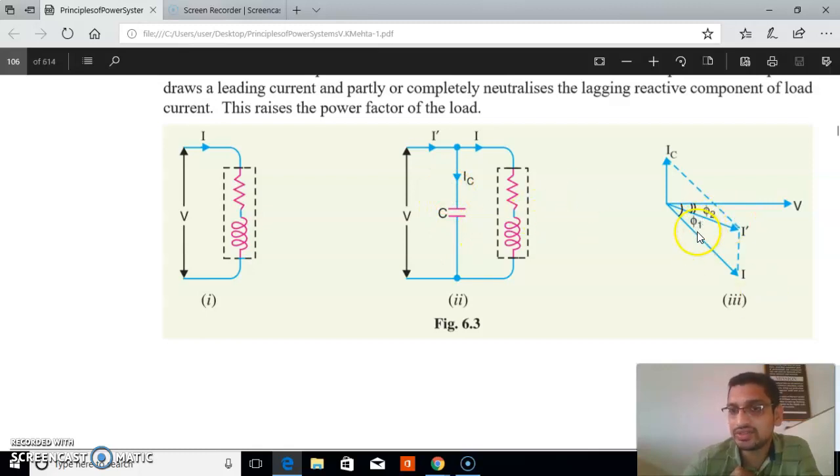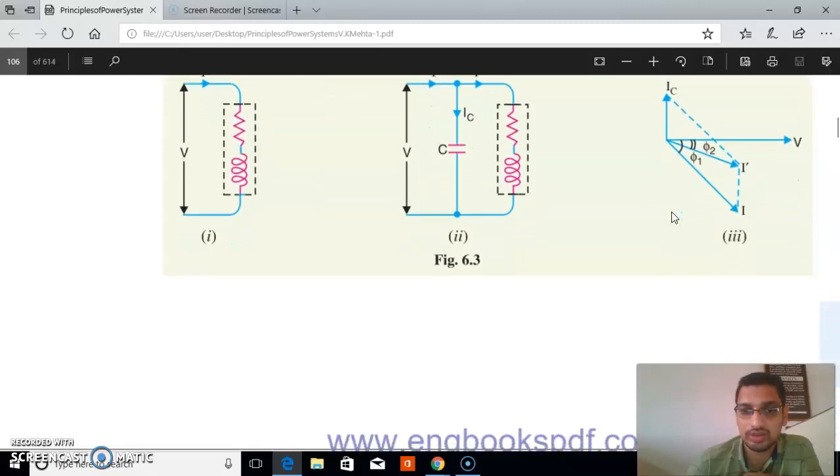Phi 1 is the angle between V and I before the power factor correction. Phi 2 is the angle between V and I dash after the power factor correction. So this is the phasor representation of a system with a capacitor connected in parallel with the load.